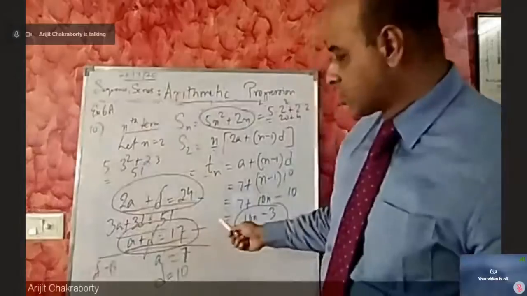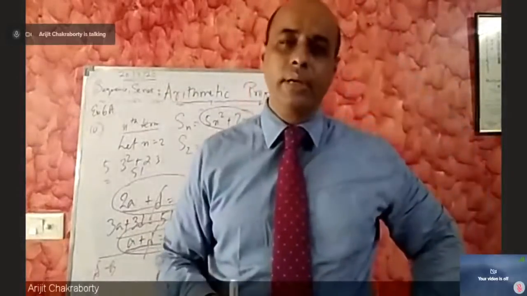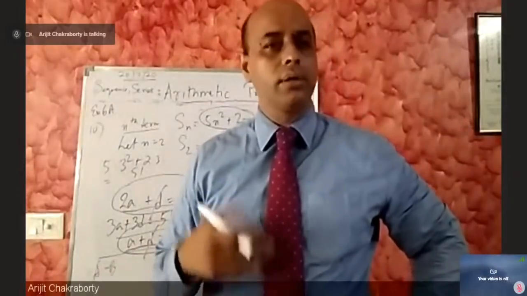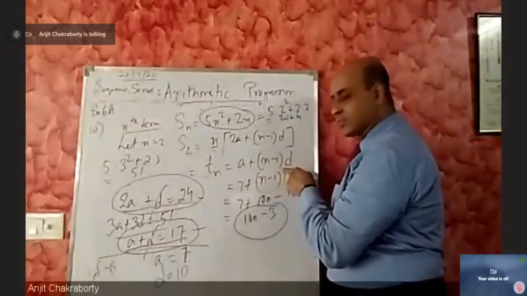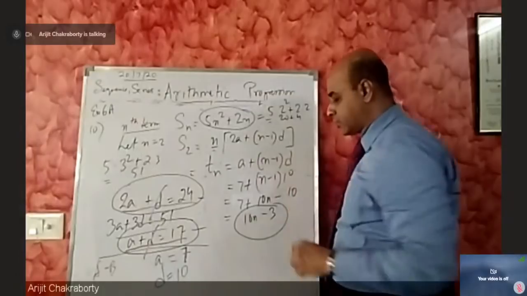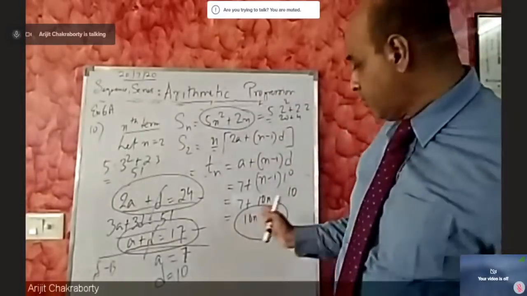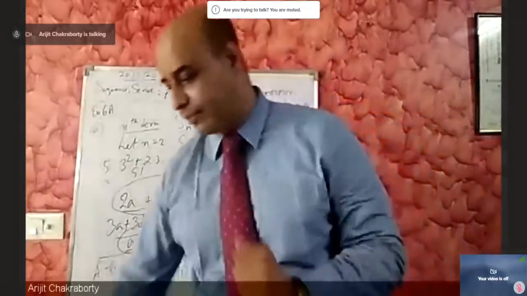We got a equal to 7 and d equal to 10. A is the first term equal to 7 and d is the common difference. We put those values again here in this formula to get the nth term, a plus n minus 1 into d, and we got 10n minus 3. So the nth term is equal to 10n minus 3.